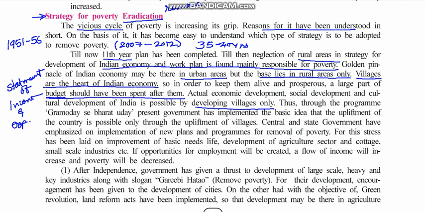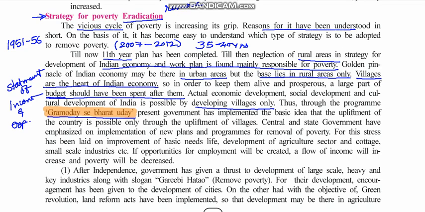Thus, there are programs like Gramodaya Se Bharat Uday. This is one of the government schemes that they implemented. Gramodaya Se Bharat Uday means if you make the villages, gram, rise, Uday, then Bharat, the country, will also rise.